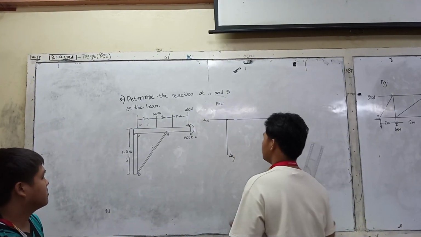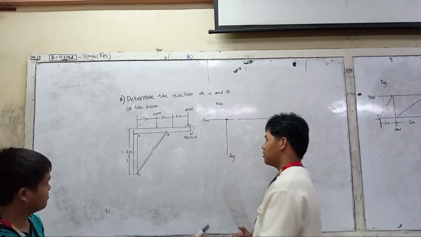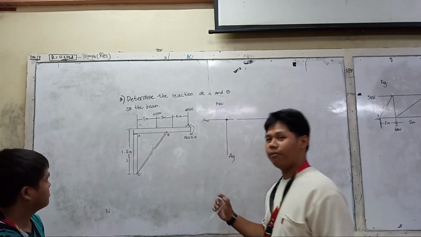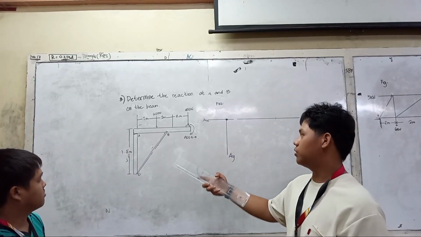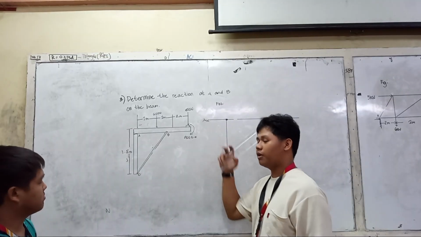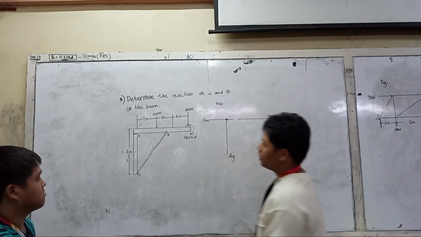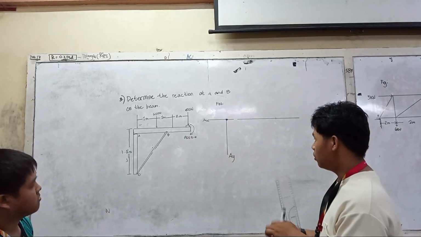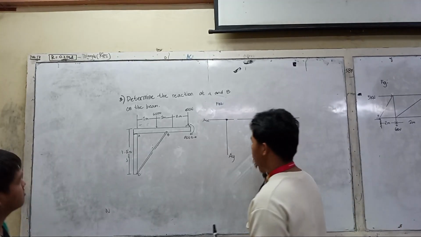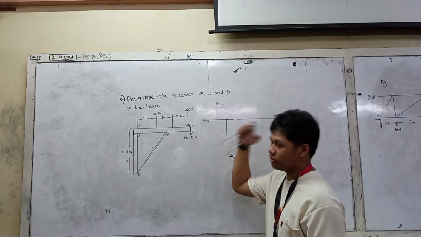That's a good question, because we don't have an angle. Some problems have an angle given in the diagram, so they don't use the 3-4-5 method. That's the reason why we're using the 3-4-5 method: because of lack of angle.